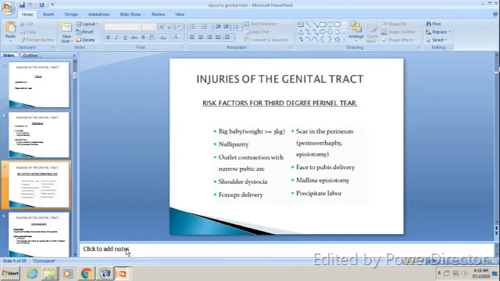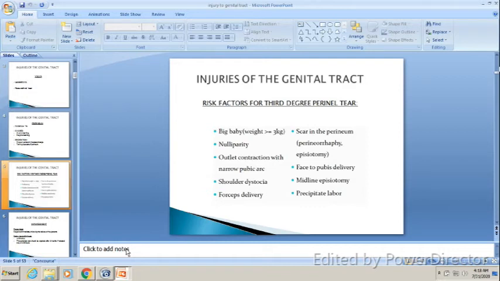What are the risk factors for 3rd degree perineal tear? Baby weight. When it is a big size baby, macrosomia, more than 3 kg. 3 kg is normal actually, more than 3. In the Indian context, we can say that the average weight of a baby is 2.8 to 3 kg.